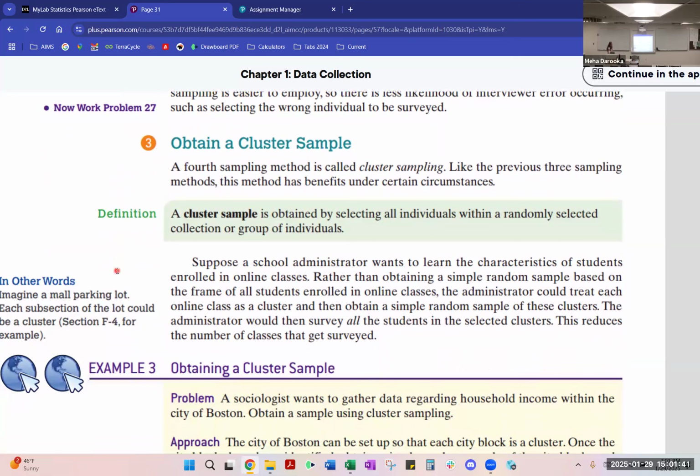Now let's talk about cluster sampling. Cluster sampling, as you will see in the definition, is obtained by selecting all individuals within a randomly selected collection or group of individuals, which is something similar to what we did in stratified sampling, because in stratified sampling we divide our population into strata or groups. But the difference is in stratified sampling, you pick individuals from each group, from each stratum.